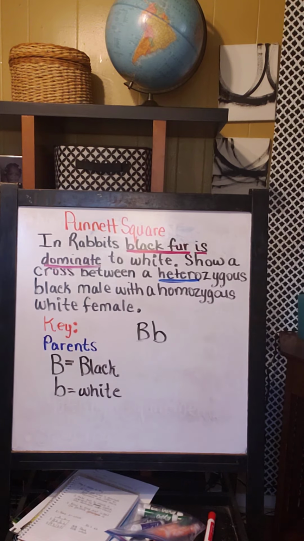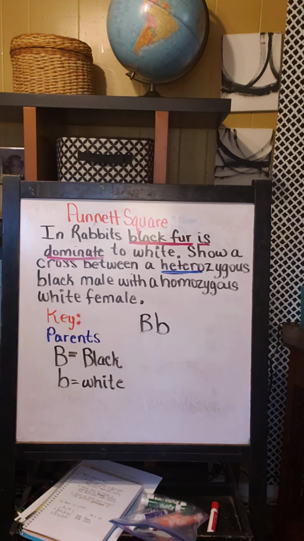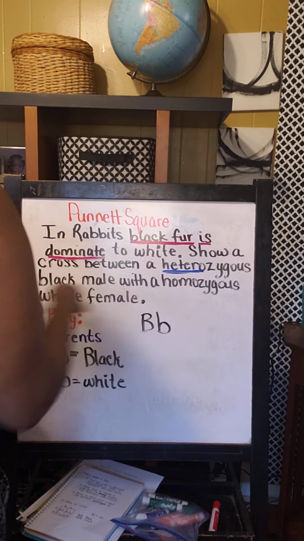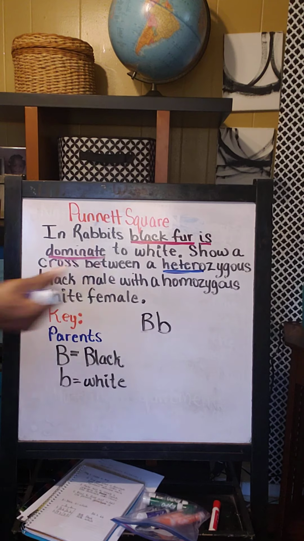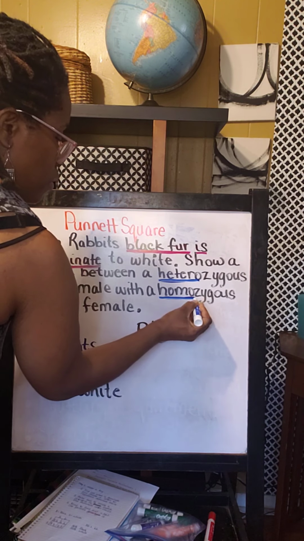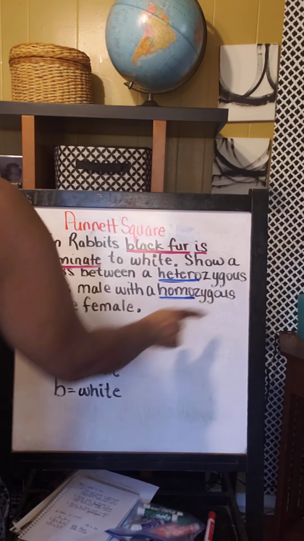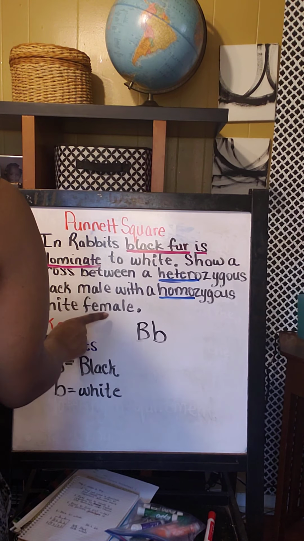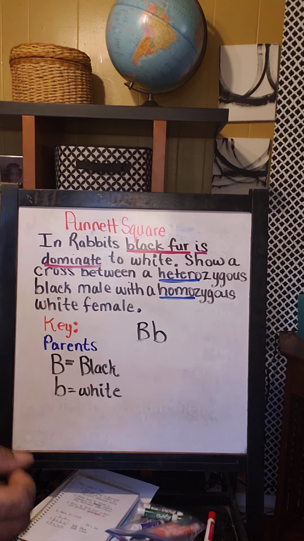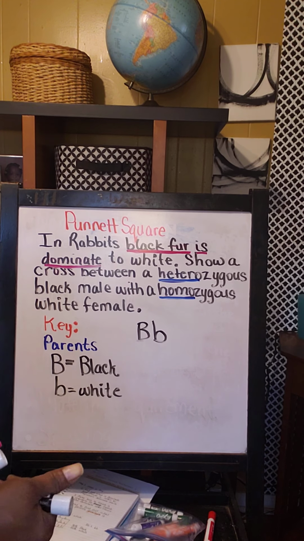The second portion of the key says we're going to cross this black male with a homozygous. Okay? We all know that homo means same, root word. So we're going to cross this black male with the homozygous white female. Now she's white and she has the same alleles. Okay?